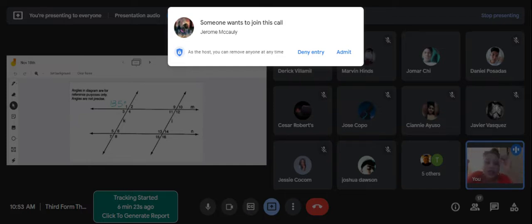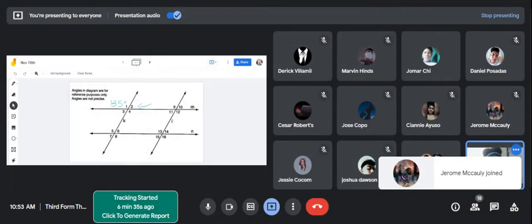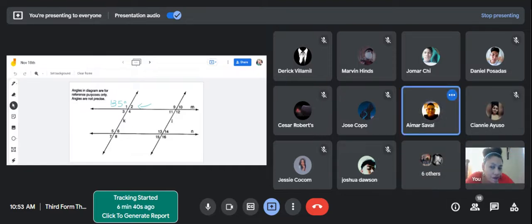If I know that angle 1 is 135, then how do I find angle 2 over here? Is it 180 minus 135? Very good. If I do 180 minus 135, what do I get?